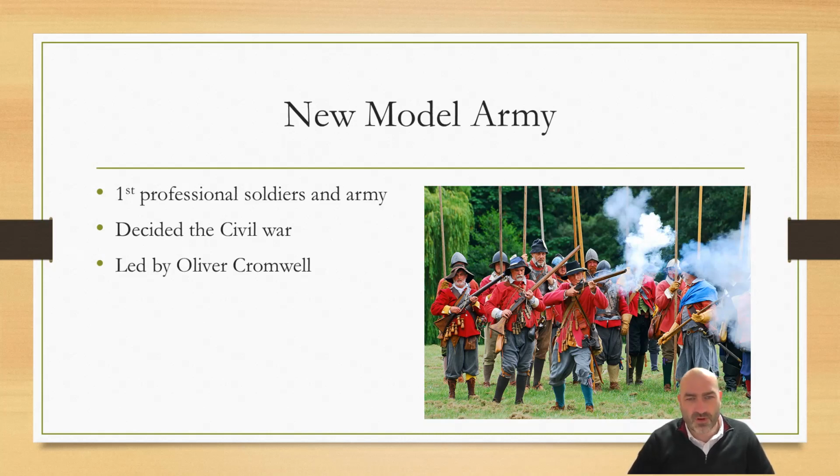The concept of a fully professionalized army was new to Britain, and the troops of this standing army had proper training in warfare. They had regular wages, and they developed more tactical skills than they had previously.